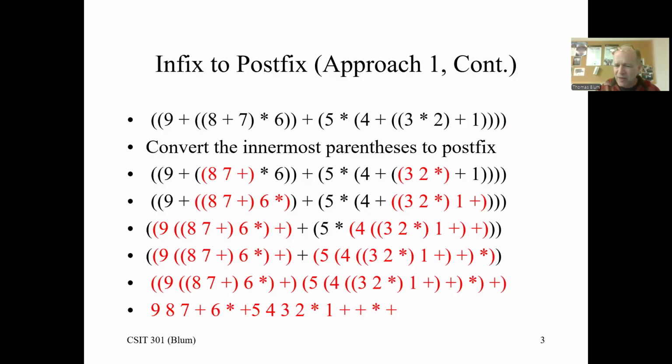Once we convert something, we keep that structure intact and don't make any other rearrangements. I'm holding on to these parentheses to throw away at the end, but once I've made an infix to postfix conversion, I have made it red. So I'm working my way down, getting redder and redder.